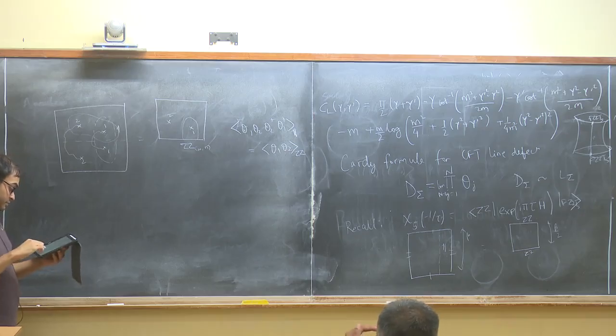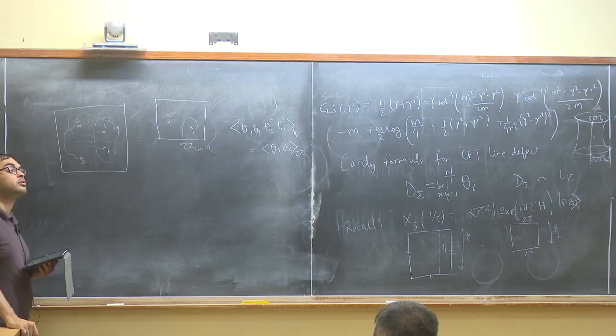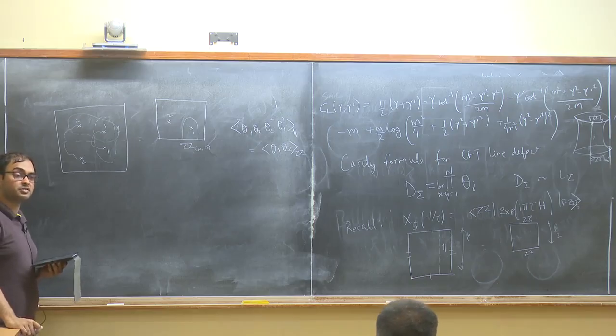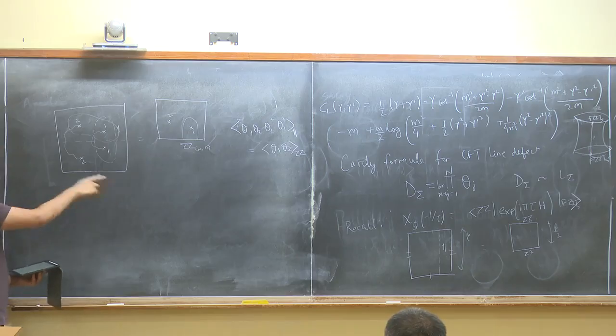So the locus of this ZZ brane is the horizon. No, it's not the horizon, because the ZZ brane has a very small locus, because once I glue the two boundaries, then the ZZ brane has a very small locus.